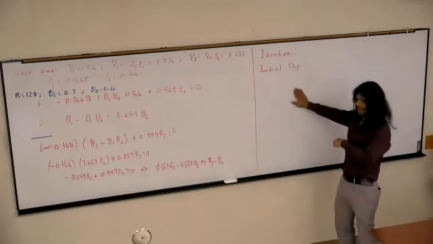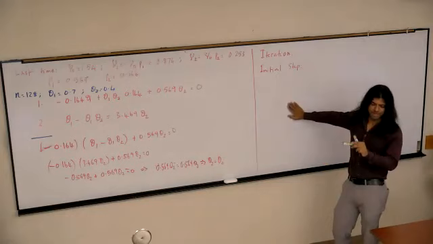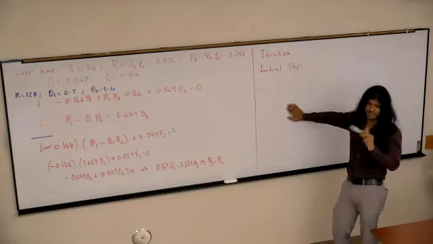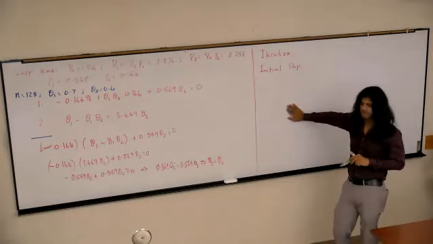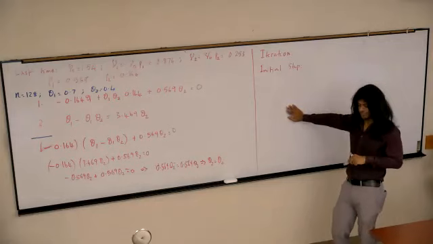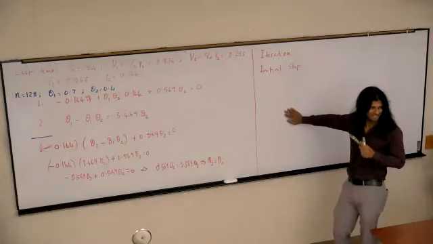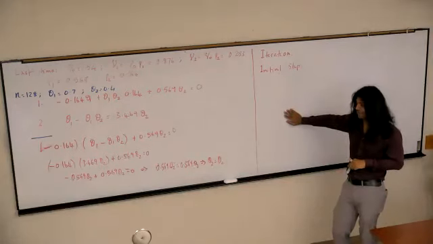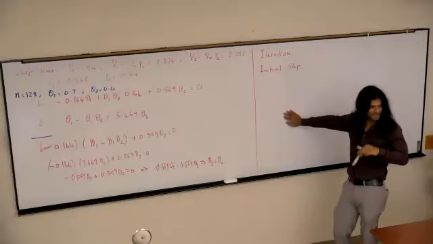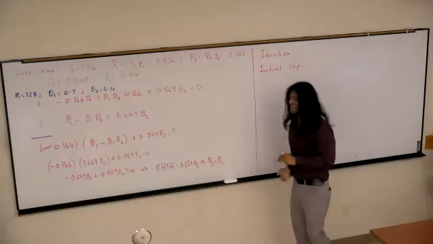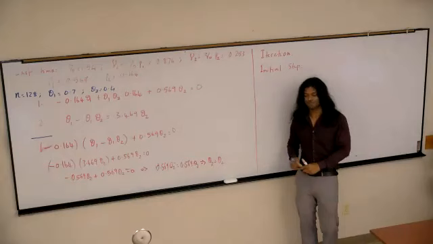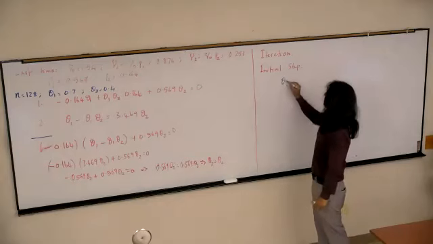So start with an initial step and pick values for theta 1 and theta 2, because that's what we are trying to estimate. What is the easiest value that you can think of for theta 1 and theta 2? 1. 0. That doesn't make sense. Oh, it will too. We are going to pick 0. But 1 is okay also, but I'm going to pick 0.